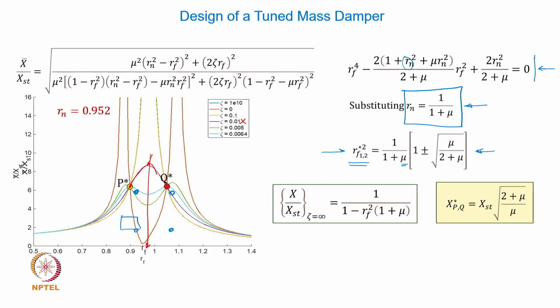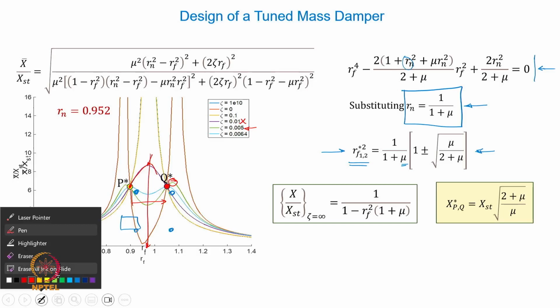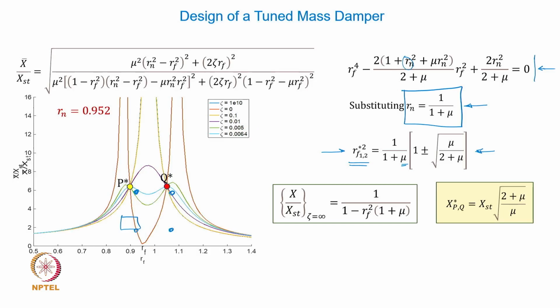If you choose a slightly different damping ratio like 0.005, the graph has very low level of amplitudes between p and q, but beyond q the amplitude again shoots up a bit. And so that means we need to ensure, as we have discussed, the basic design process is not only have xp is equal to xq, but also appropriate damping ratio to be chosen.